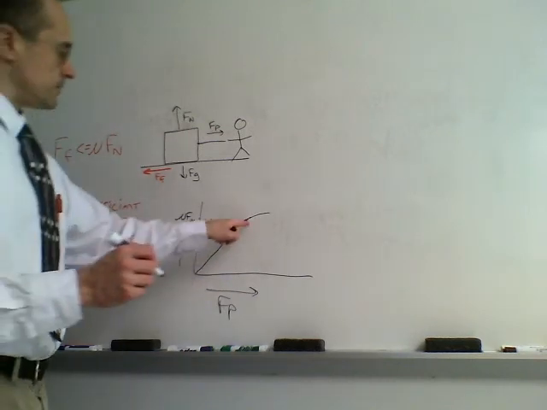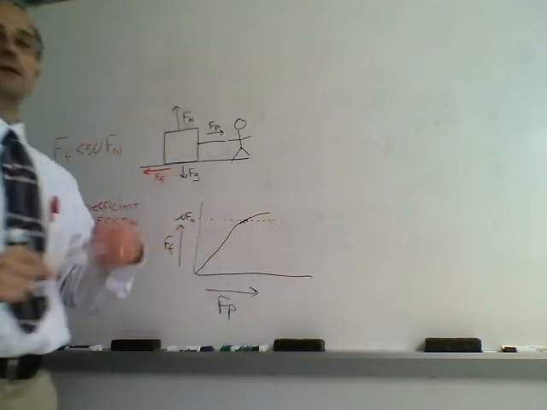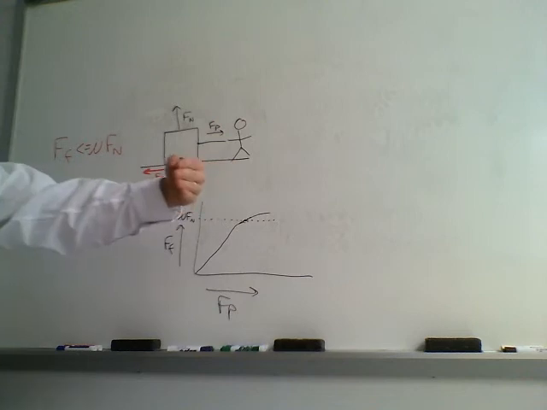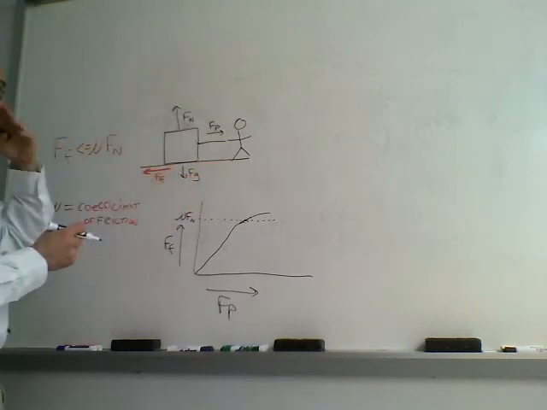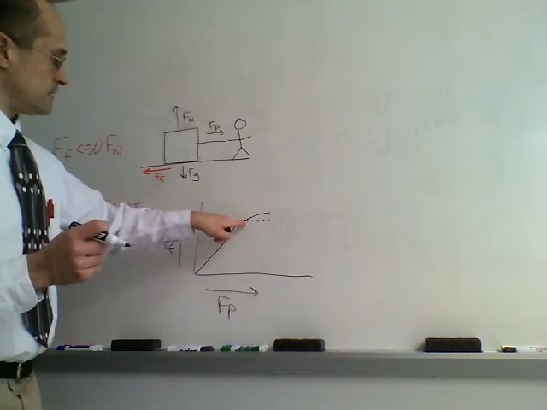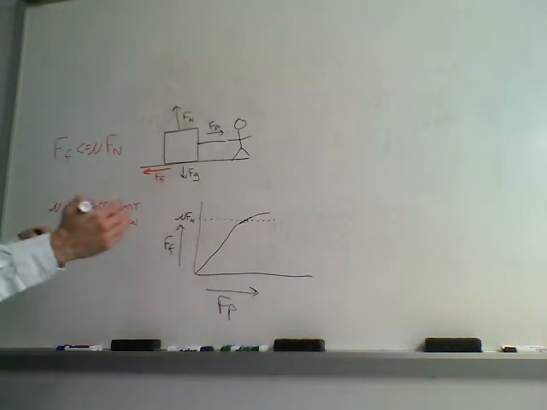Once the force of your pull is larger than mu Fn, you've overcome friction, and your object starts to accelerate. So mu Fn represents how much friction can work against you.